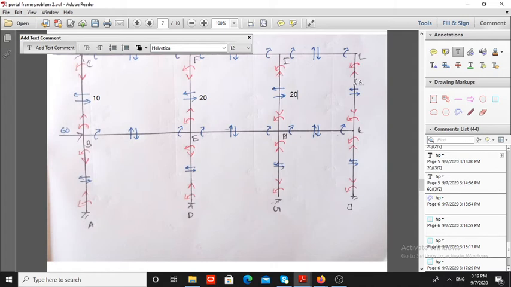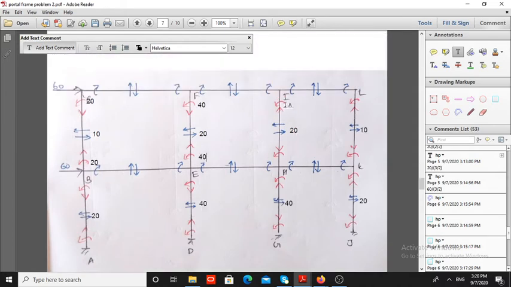Now you can find the column moments. This value is 10 into 2, 20, here also 20, here 40, here 40, here also 40, here 20, here 20.